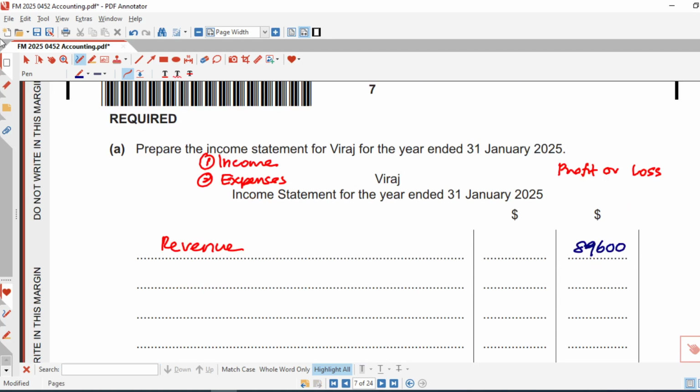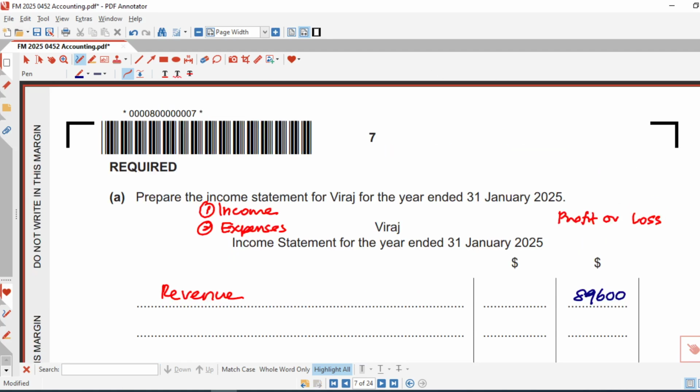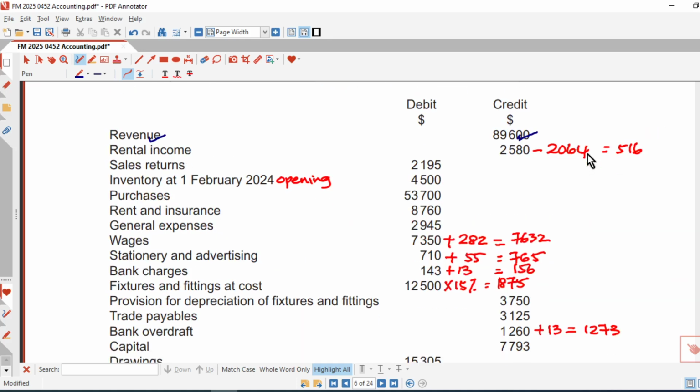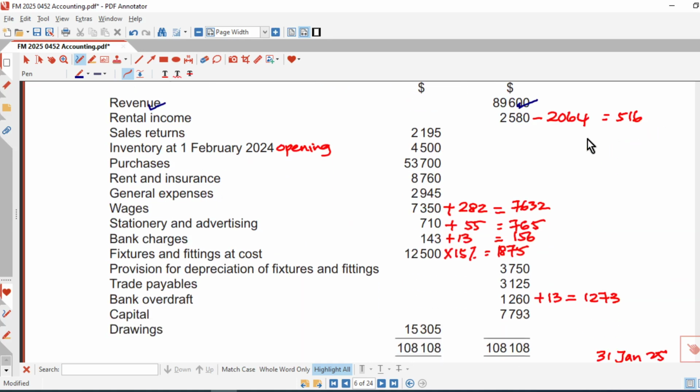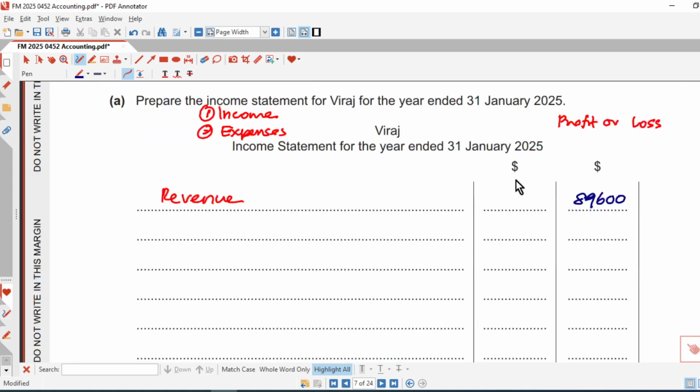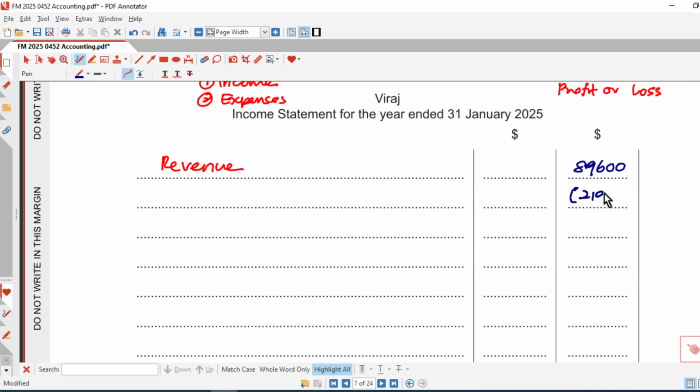Now, before we rush into preparing the cost of sales, let me double check. Is there any sales return or return inwards? Yes, we do, right? It's the third item right here. So return inwards, 2,195. This return inwards is going to reduce your revenue because your customers return goods to you.